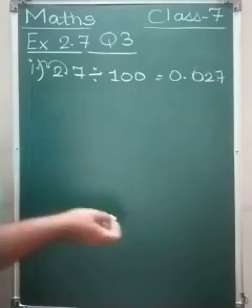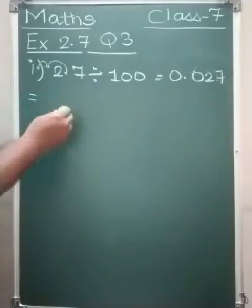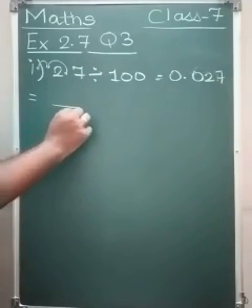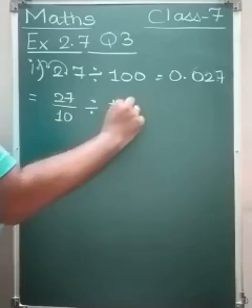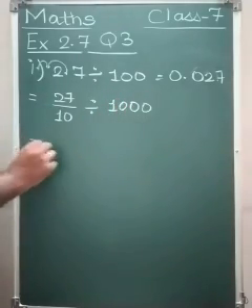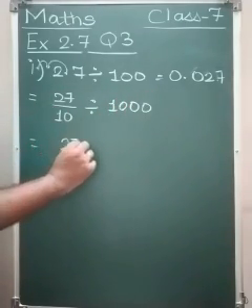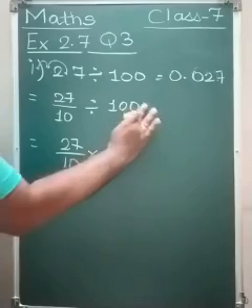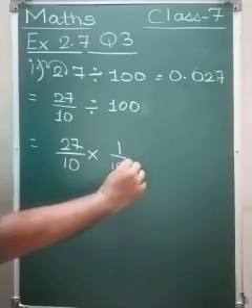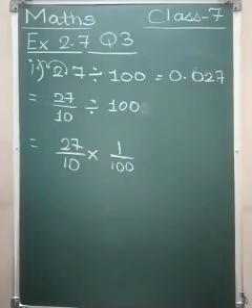Let us check it by solving. So this equals 2.7, denominator would be 10, 27 upon 10 divided by 100. So this equals 27 upon 10 multiplied by 1 upon 100. By mistake I wrote here 1000.